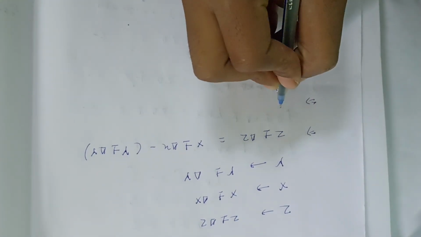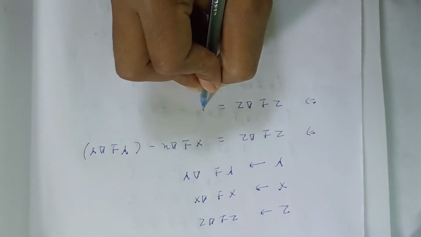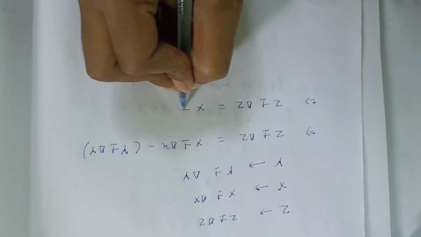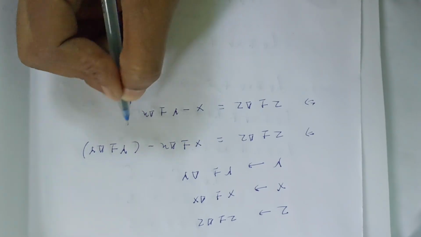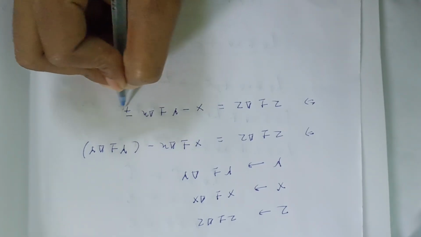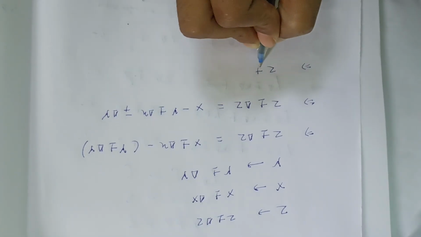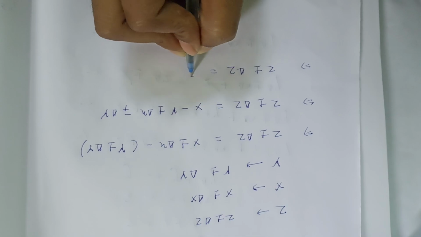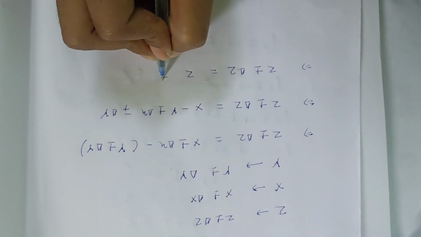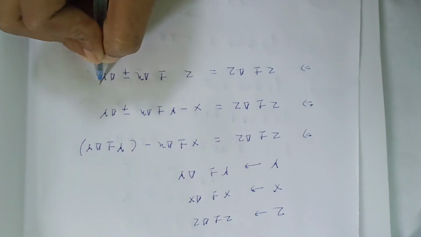So z plus minus del z equal to x minus y plus minus del x minus plus del y. So z plus minus del z equal to x minus y, equal to z in equation 1, so plus minus del x minus plus del y.